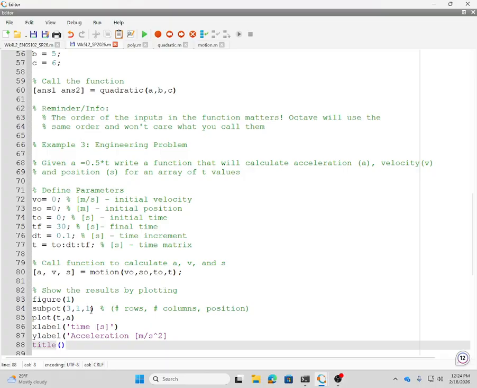This is acceleration as a function of time. Okay.